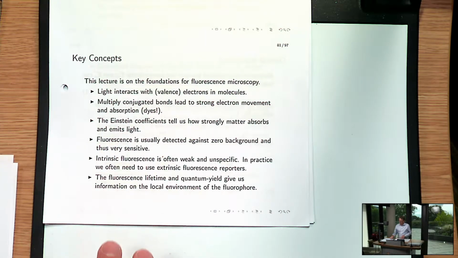We will talk about what intrinsic fluorescence is and what extrinsic fluorescence is, and how we can make fluorescence specific. That's very important. Some molecules don't absorb light by themselves. They require extrinsic fluorescent labels for us to see them with this method.